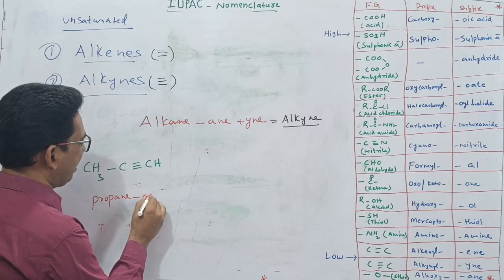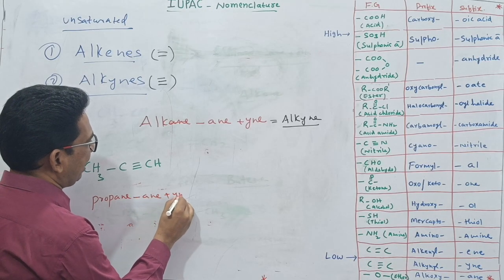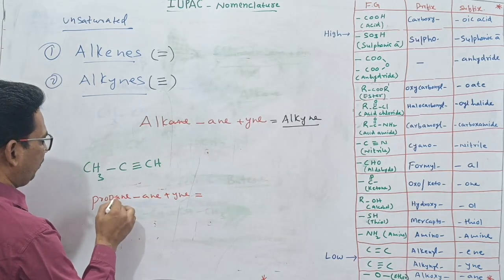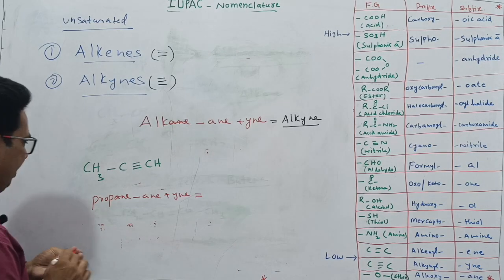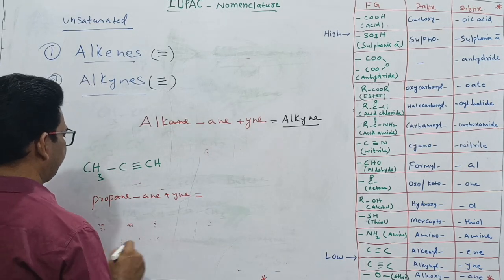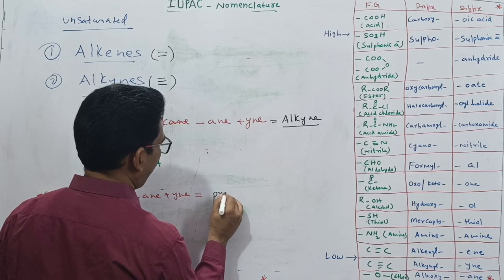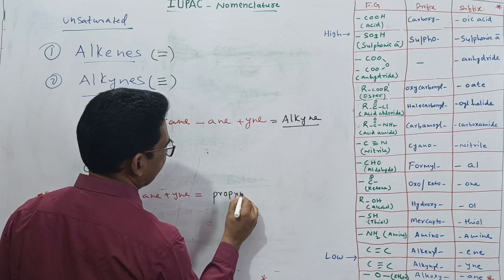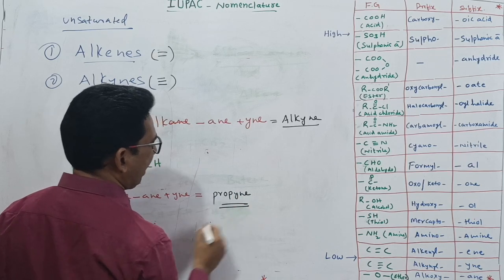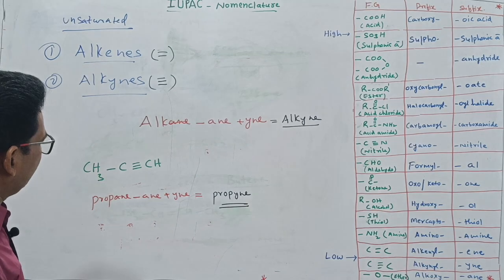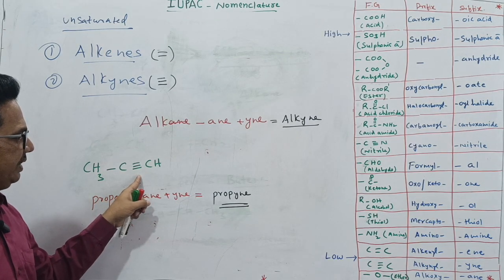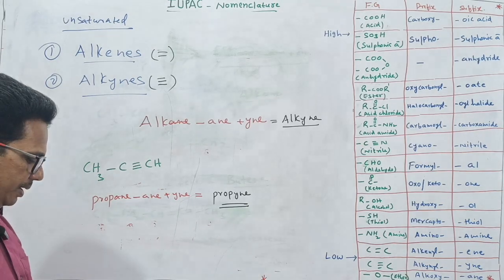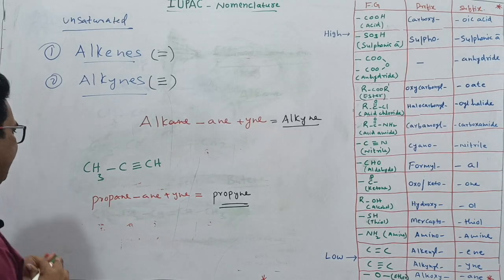That's why minus ane plus yne. When ane goes out from this, what will remain there? Prop plus yne. It means propyne. The triple bond is at the first position. That's why I am not giving numbering here also. I wrote propyne.